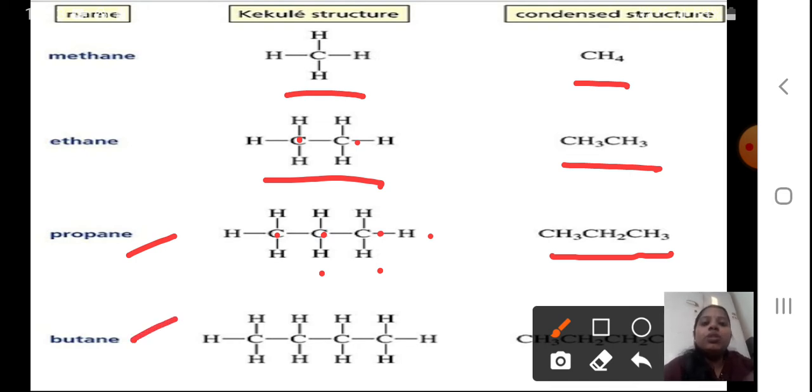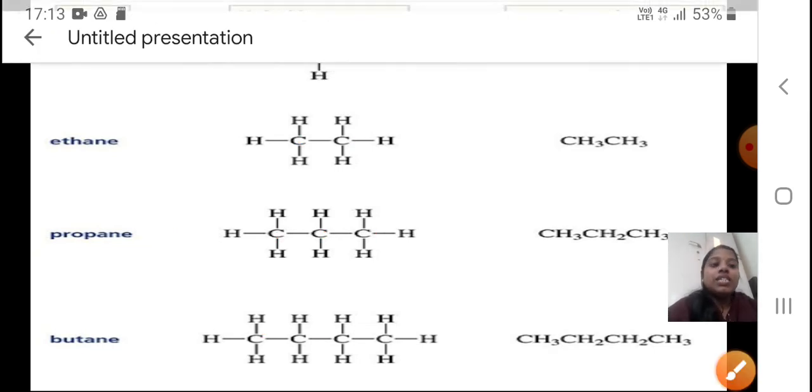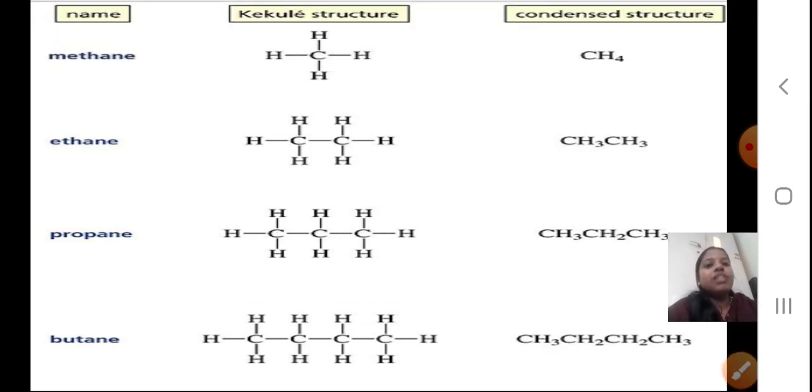Next you have the butane. You can see the 4 carbon atoms are there and the hydrogens are bonded, that many hydrogens to complete the tetravalency. Students, so you get it as CH3, CH2, CH2, CH3. So all the names are given: methane, ethane, propane, butane.